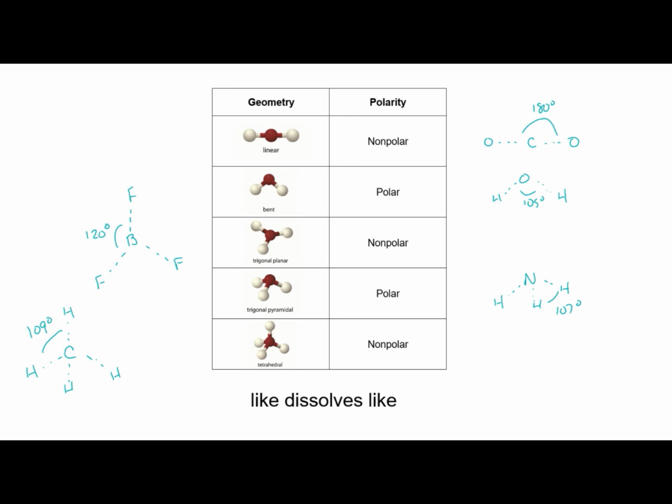What this means is that nonpolar molecules dissolve in other nonpolar molecules. This is why butter dissolves easily in oil, but oil will not mix with water. On the other hand, polar molecules dissolve well in other polar molecules. So water and ammonia do a great job of dissolving.